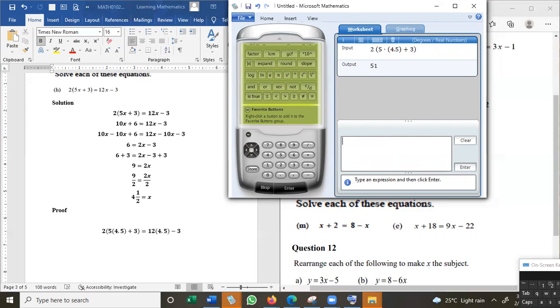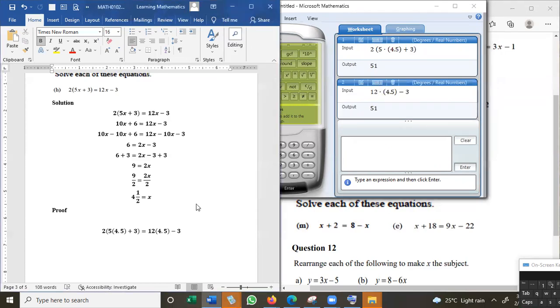Now 12 times 4.5 minus 3, 51 also. So the answer is 4.5. We get 51 is equal to 51.